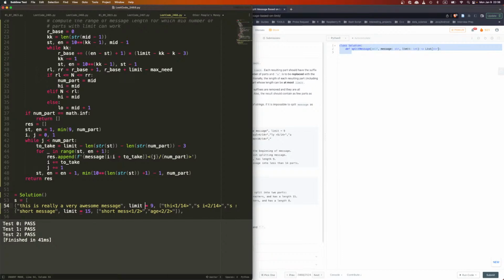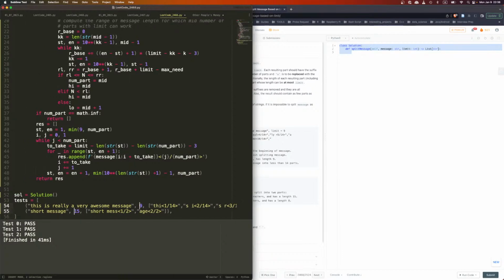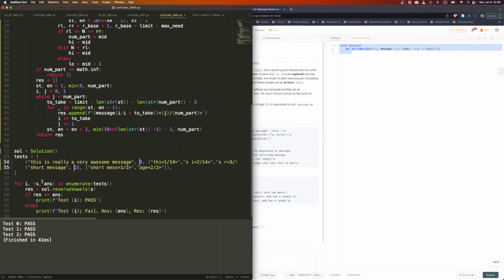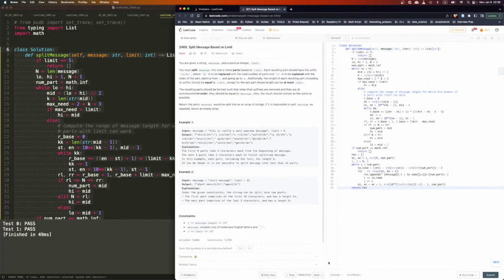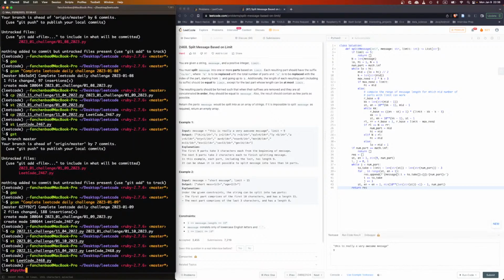So the chance of getting it right is very low, but we are going to try our luck. See how it goes. Split, message, and limit. We got very lucky on the first two shots. Let's take it for a ride. For this, it's possible. Yeah, let's try.